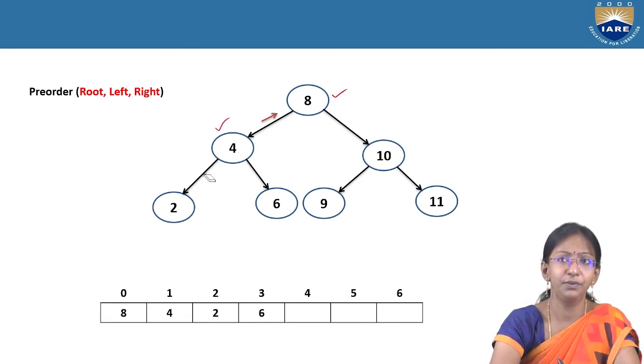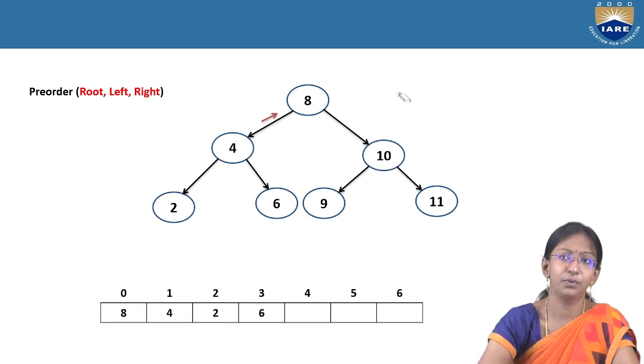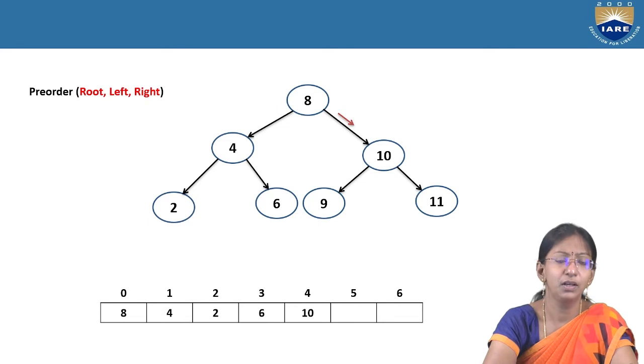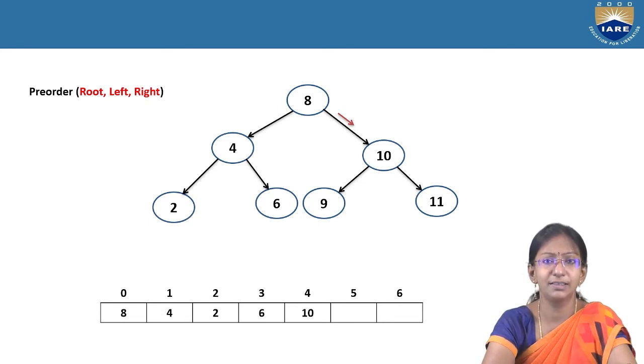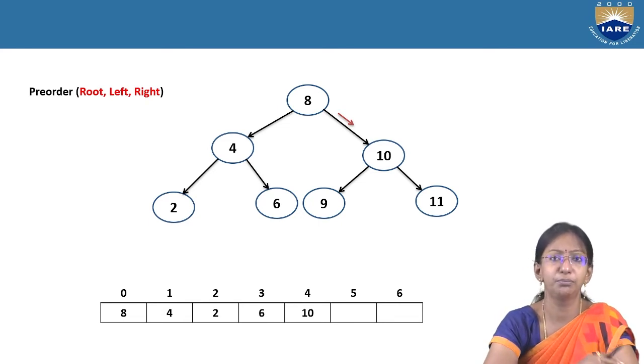We are left with the right subtree, and this right subtree is headed by 10. Preorder traversal tells us that first of all, print the current node. What is the value of the current node? 10. Print it. So I have stored the value of 10 at index 4.